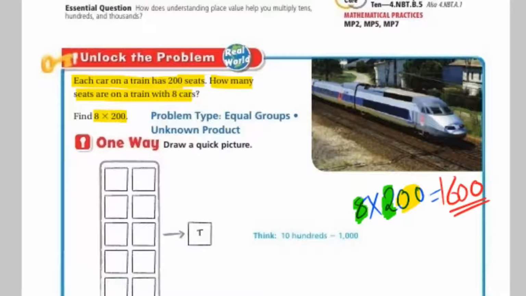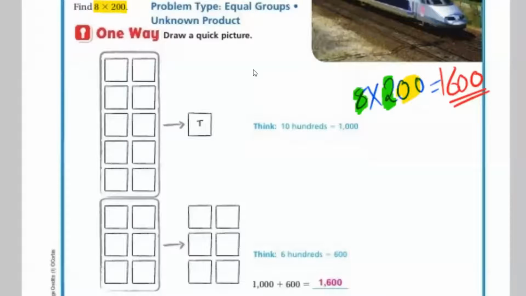Okay, how can we model it by using base 10 blocks? Each block equals 100. So let's count how many hundreds here. We have 1, 2, 3, 4, 5, 6, 7, 8, 9, 10.